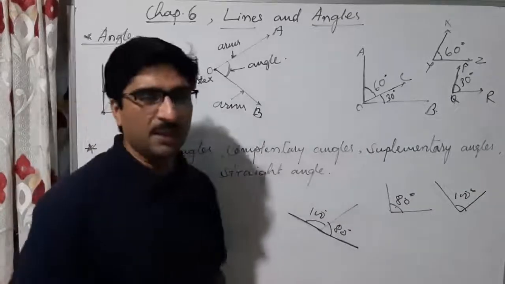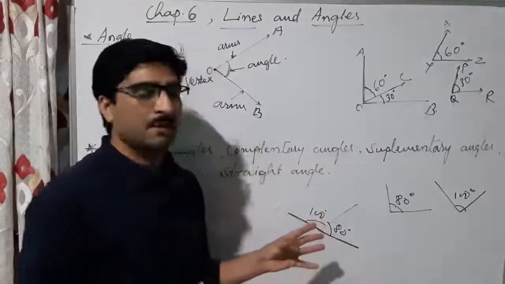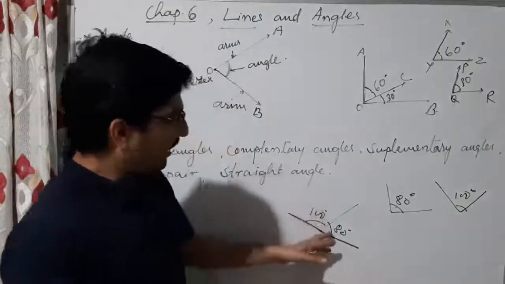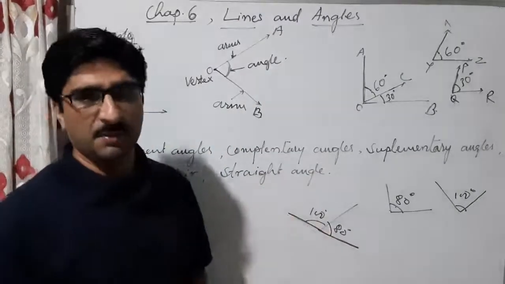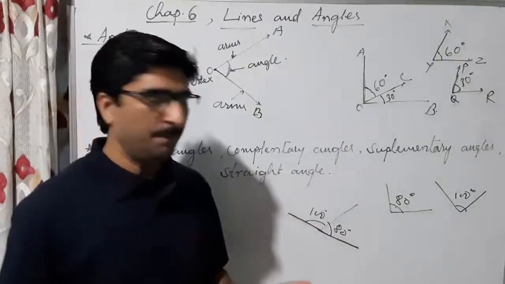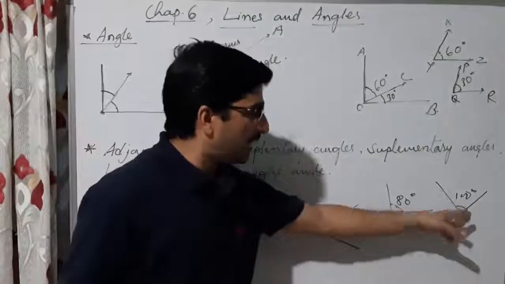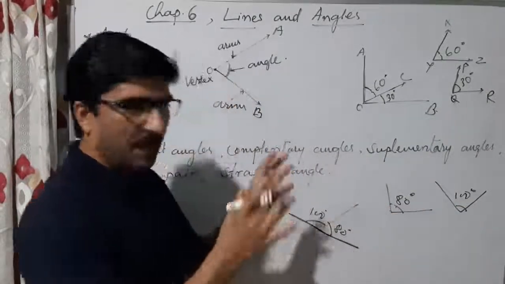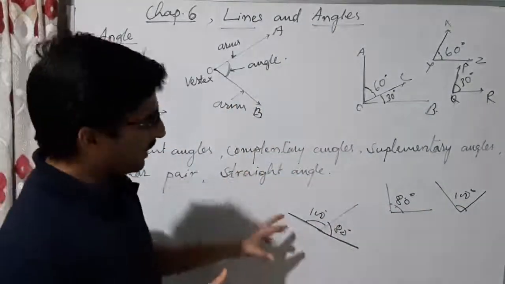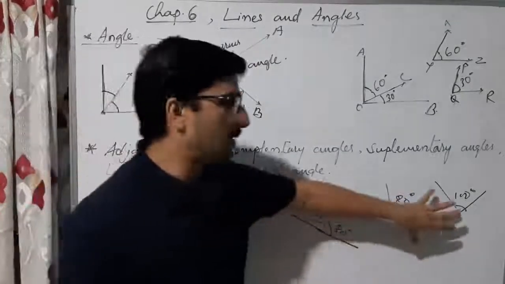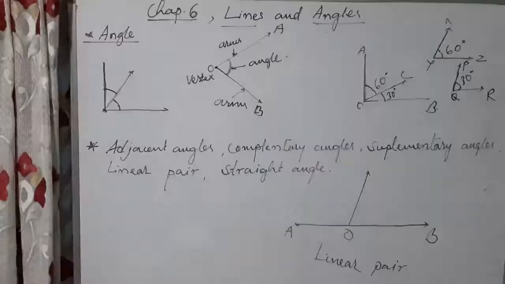So whether the angles are adjacent or non-adjacent, if the sum of these two angles is 180 degree, they are supplementary angles. They are different angles, but the sum is 180 degree, so it's a pair. That's why this pair is supplementary angles, and this pair is also supplementary angles.